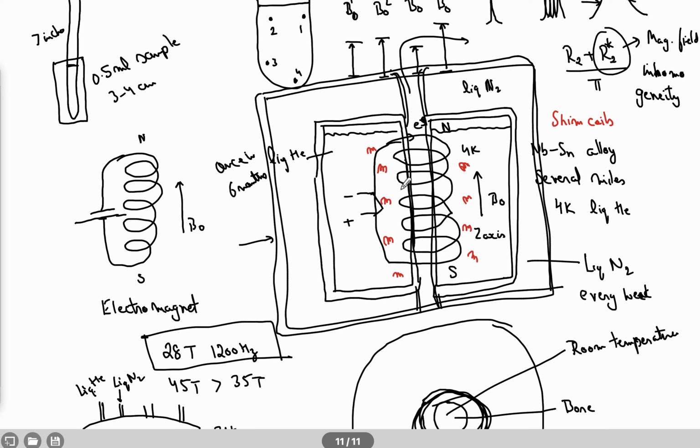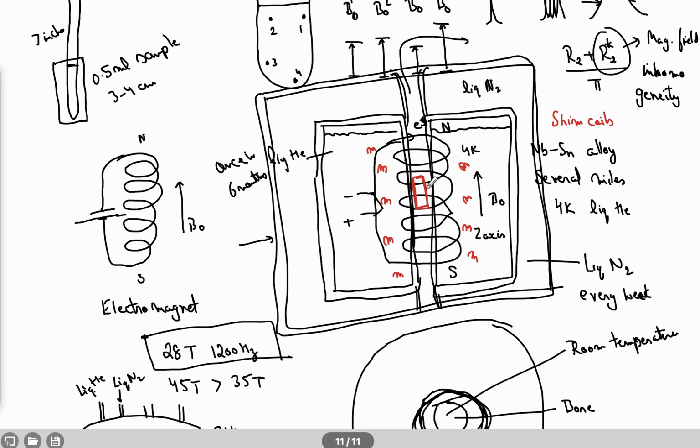If there are small issues in B0 homogeneity, in magnetic field homogeneity, then these coils are charged to a certain extent, so that the overall B0, which is the resultant B0 from this big coil plus all these small coils, stays homogeneous in this region of the magnet.